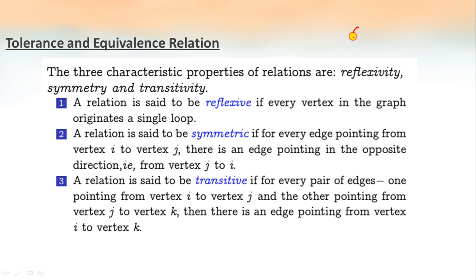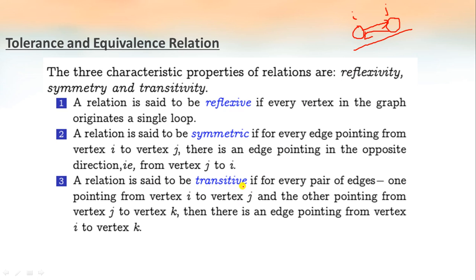Suppose this is our vertex i and we have another vertex j. If we have an edge pointing from vertex i to j, there should be an opposite edge pointing from j to i. This type of relation is called a symmetric relation.